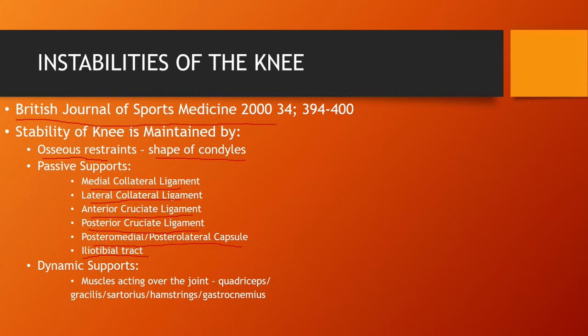And I'll show you a good graphic that depicts exactly how the iliotibial tract contributes to knee stability. And then dynamically, the muscles that act over the joint, such as the quadriceps, the gastrocnemius, the hamstring, and medially the gracilis and the sartorius, tone of these muscles and dynamic contractions of these muscles also contribute to the stability of the knee.